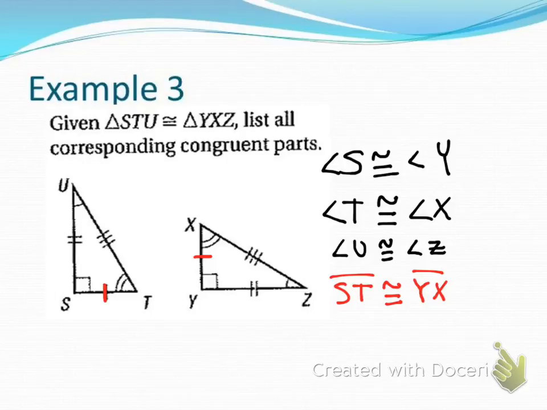All right, let's go to the ones with 2 markings. So I'm going to call that SU. Goes along with which one? YZ, very good. Let's mark that one off.